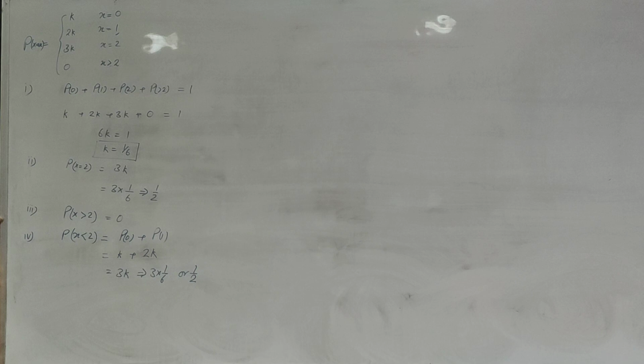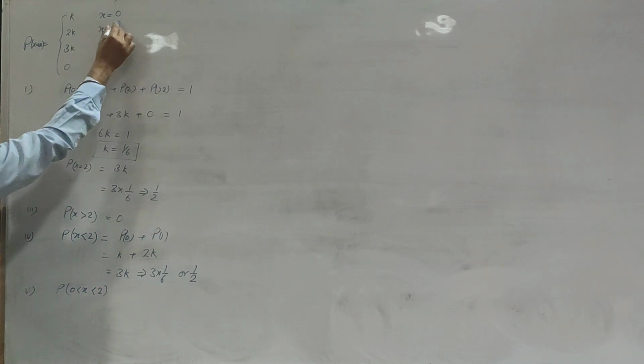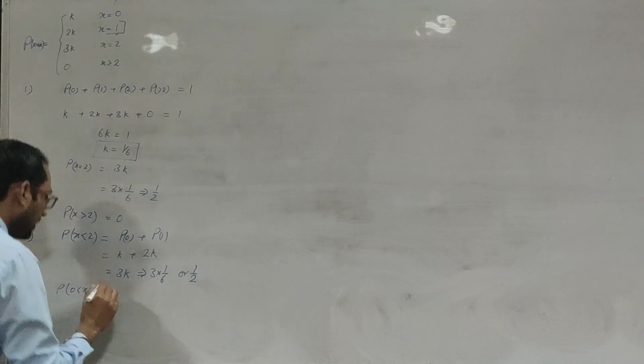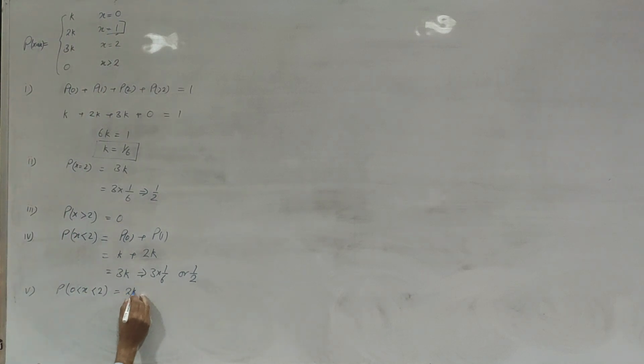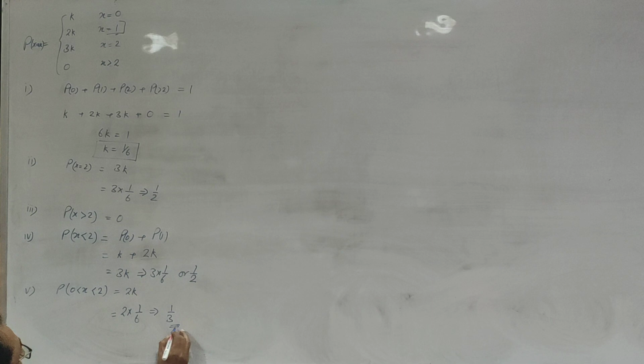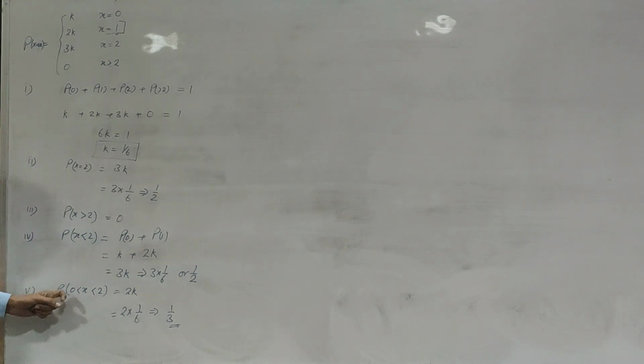Next, x greater than 0 and smaller than 2 means only 1, that is 2k. So 2 into 1 by 6, which implies 1 by 3 is the value of the given condition.